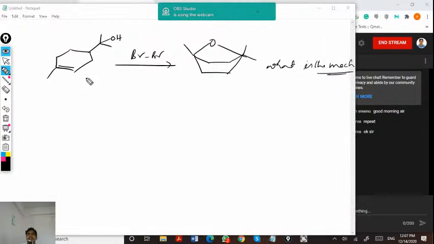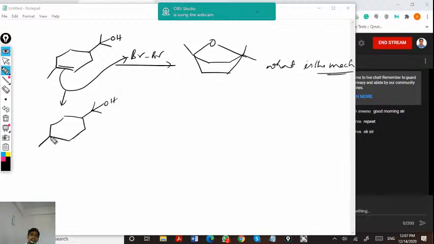So let me write the mechanism. Initially, bromine is going to be attacked by the nucleophile, the olefin. It is going to follow the Markovnikov rule.